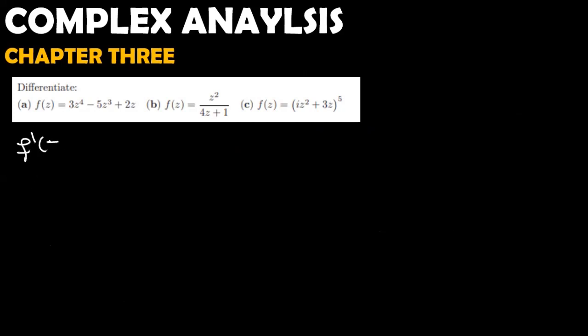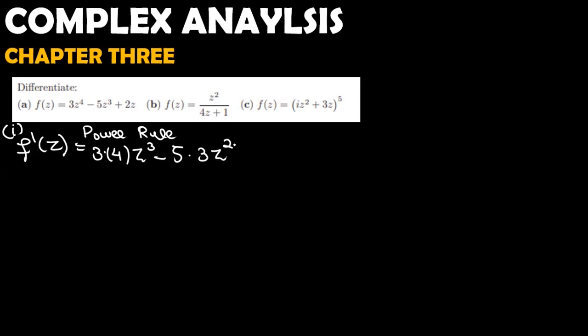So f dash of z is equal to, in the first term, we will use the power rule. The power of z comes down and we subtract 1 from that power, which gives 3. Again, the same for the 5 term: the power of z comes down and we subtract 1 from the power, and we get 2.